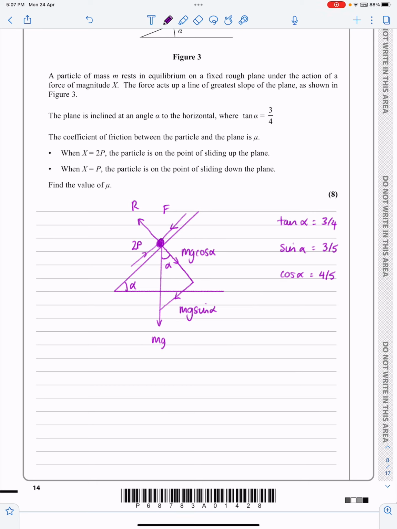I tend to resolve perpendicular to the plane, do F equals mu R, and resolve parallel to the plane. If I'm resolving perpendicular to the plane, I've just got those two there. So let's tell the examiner what I'm doing: resolve perpendicular to the plane.